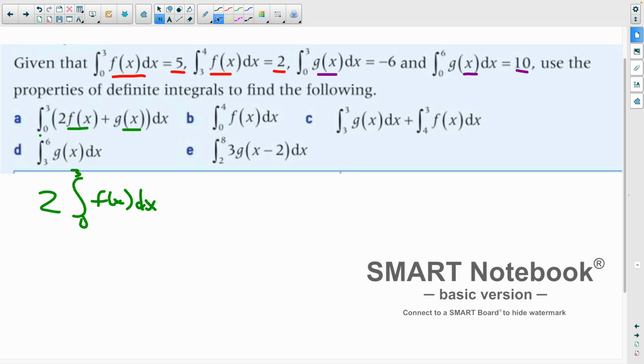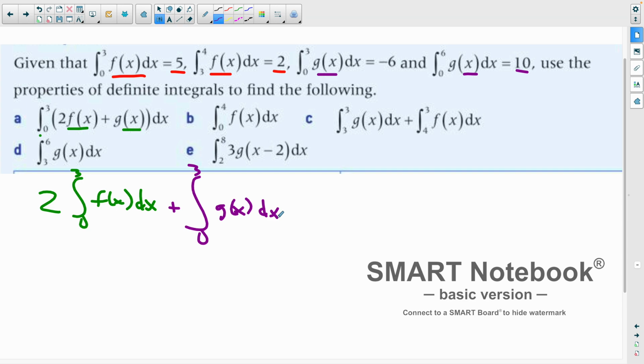The g of x, I'm not going to change. I'm going to go 0 to 3, g of x, dx. I just used two properties here. One property stated that I could take the constant 2 and put it out front. The other property stated that if I have an addition, I don't have to have it all together. I could put it in its 2 integrals.